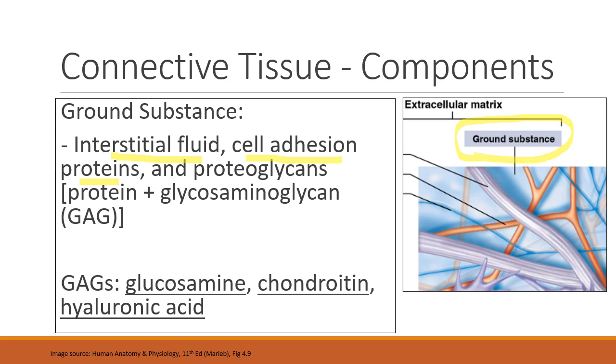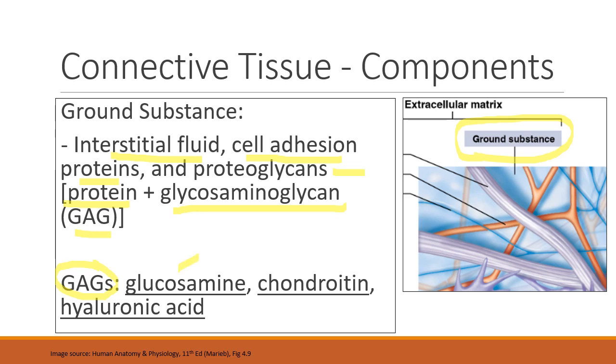And it has what's called proteoglycans. And what is a proteoglycan? Well, a proteoglycan is something that has a protein, and it has this thing called a glycosaminoglycan. Well, for short, we could just say GAG. You may have heard of some of these GAGs. Some of these are sold as nutritional supplements.